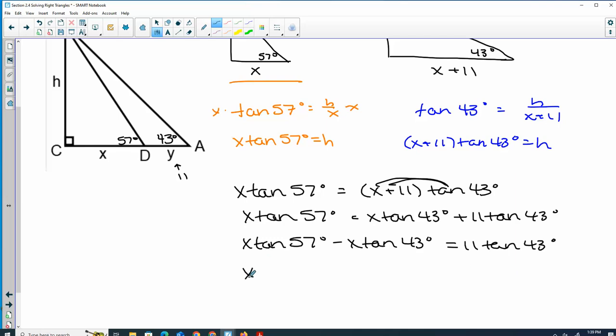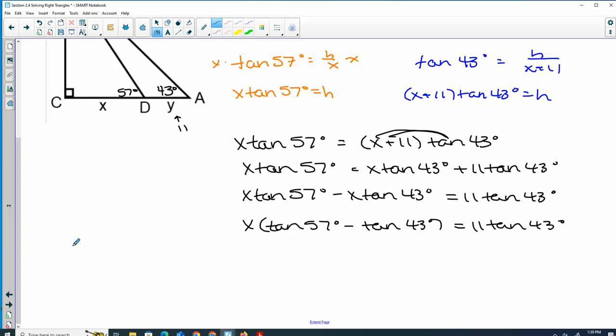Since they both have an X, we could factor it out. Okay, so it's X times something, so we divide. And we put that in our calculator.